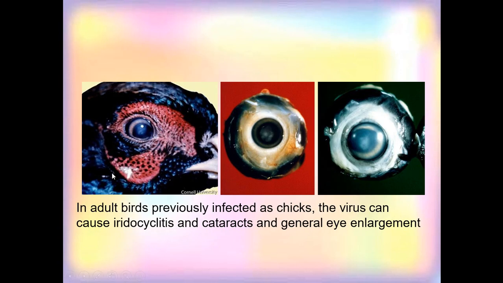In adult birds, avian encephalomyelitis will cause a cataract here. This is the normal eye. This is an eye with cataract, here, an eye with cataract due to the AE virus.